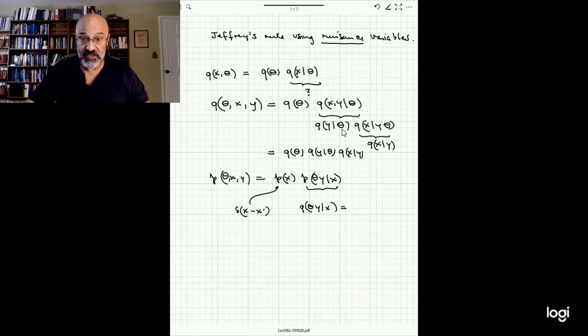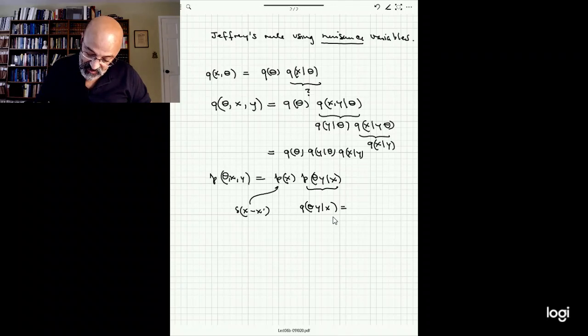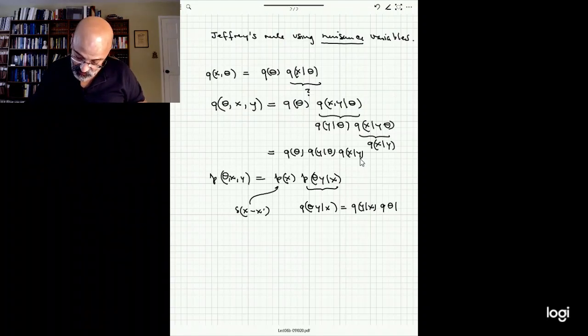I can choose anything I want for this guy here. I'm just going to choose what I had before. So p(theta, y | x), and I'm going to write this as q(y | x), which is presumably something I know. And here I have q(theta | y, x).